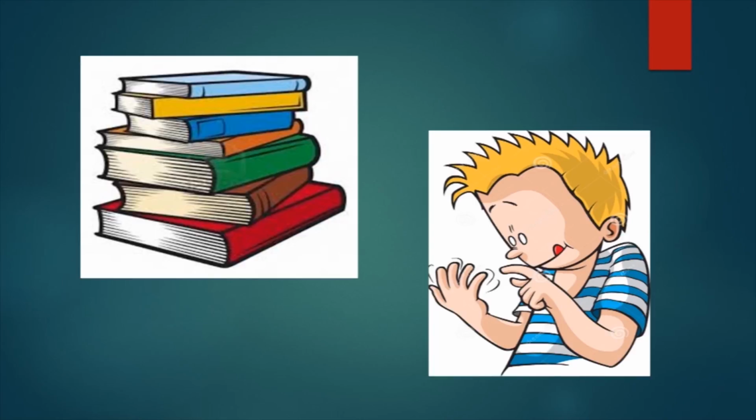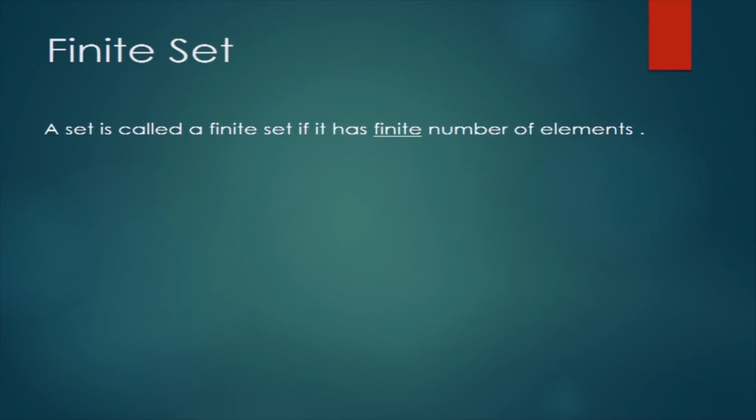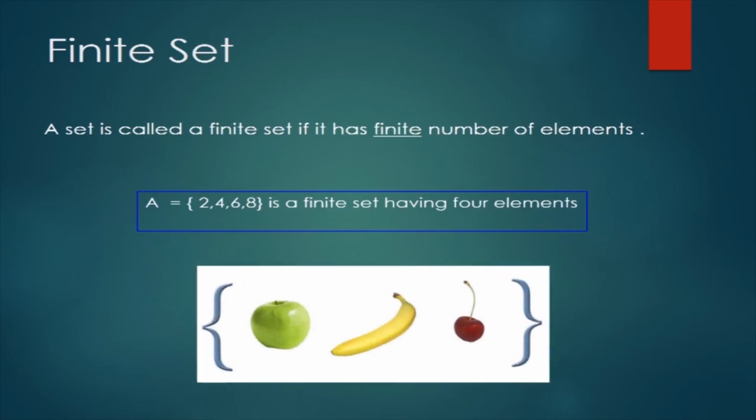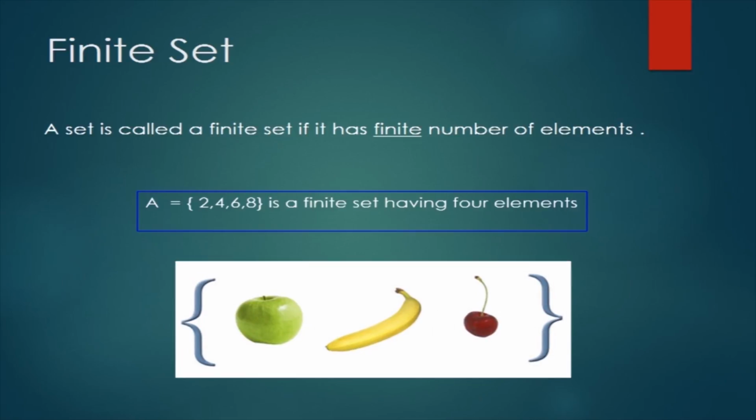First is finite set. A set is called a finite set if it has finite number of elements. For example, a set A containing elements like 2, 4, 6 and 8 is a finite set having 4 elements. You are seeing the finite set of fruits in the picture. Now look at the image.